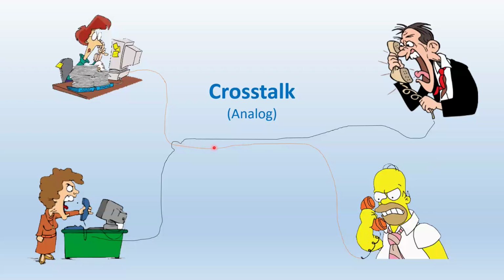And if those cables run along, the connecting cables run along from one conversation and the other, for a certain distance, the magnetic field around those, they could couple with each other, which means one type of conversation could bleed on to the other pair. So these people can hear the conversation of these people.